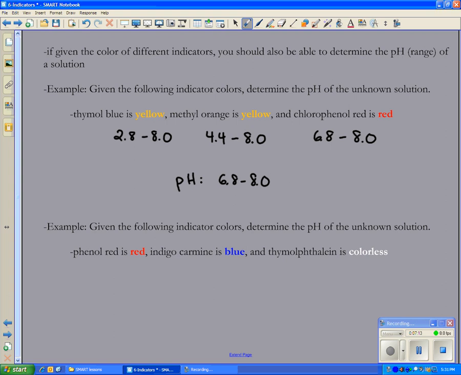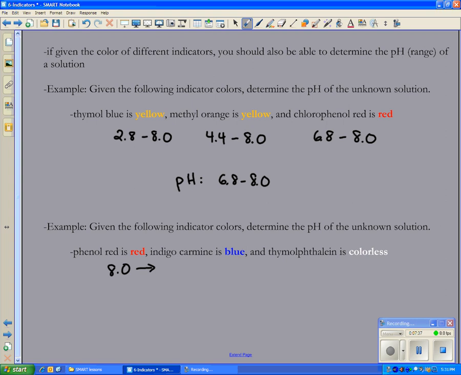For the second example, we have phenol red that's red, indigo carmine that's blue, and thymolphthalein that's colorless. So starting with the phenol red that is red, our lower limit is 8.0 because phenol red is only red above 8.0. So we must be 8.0 and higher.